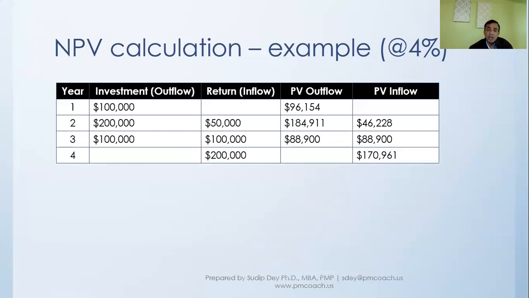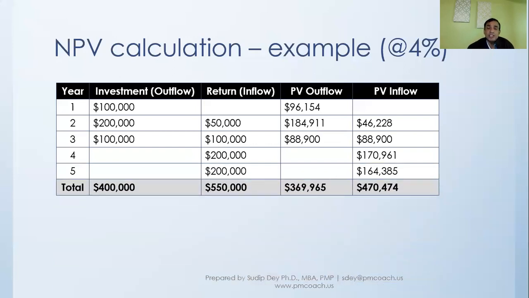Similarly, we make this calculation. Now you see, as time goes by, there is less outflow and more inflow. So we start getting different inflows in years 4 and 5, for which we calculated the present value of inflow. Now, when we sum this up, we find the present value of outflow and present value of inflow.